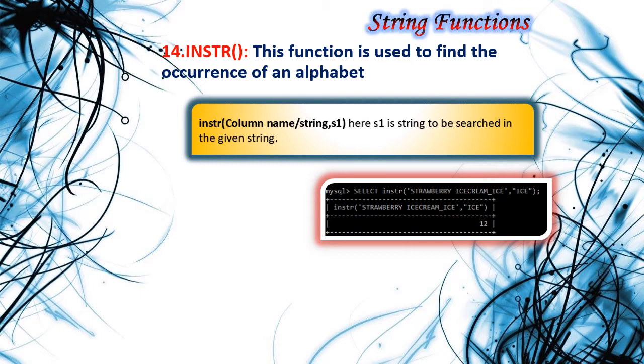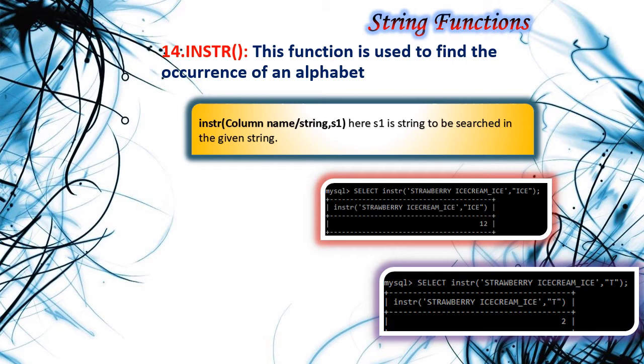See here, instr strawberry ice cream, as I have given, ice is the searched word. Ice occurs in 2 places, but only the first occurrence position is returned. So in strawberry, next to it ice is there, that position is 12, only that is printed.